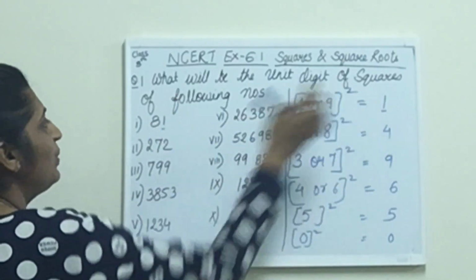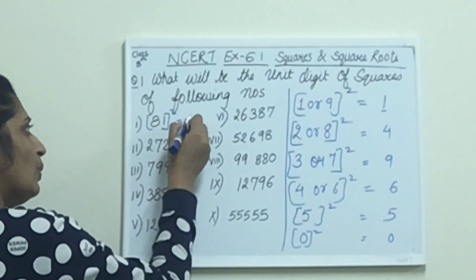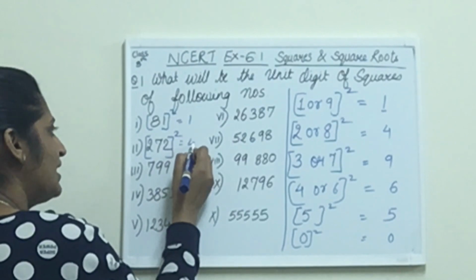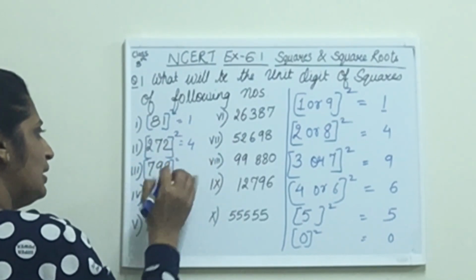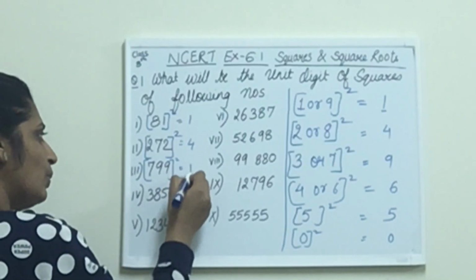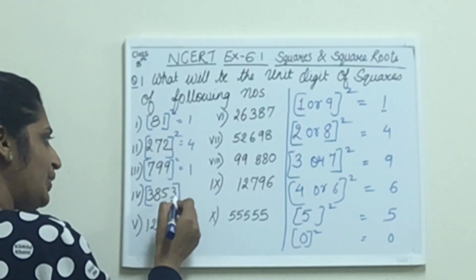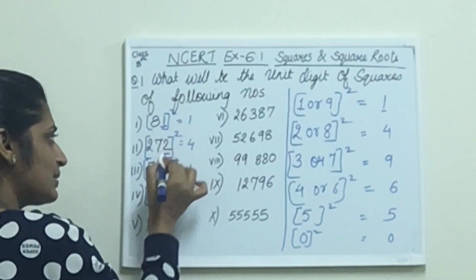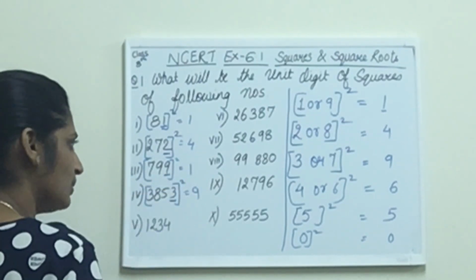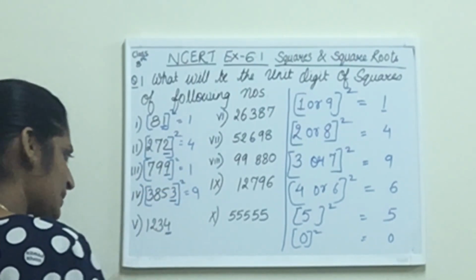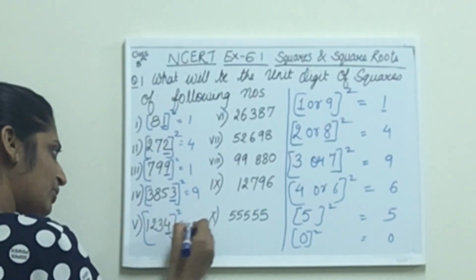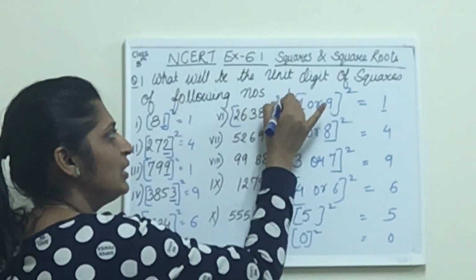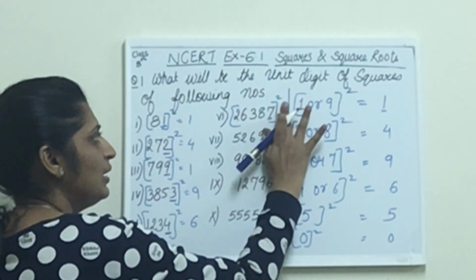81, the square of this number ends with 1. 272, the square of this number ends with 4. 799, the square of this number ends with 1. 3,853, the square of this number ends with 9. Look at the units place number. The units place number is 4, the square of this number will end with 6. Look at the units place number 7, the square of this number ends with 9.